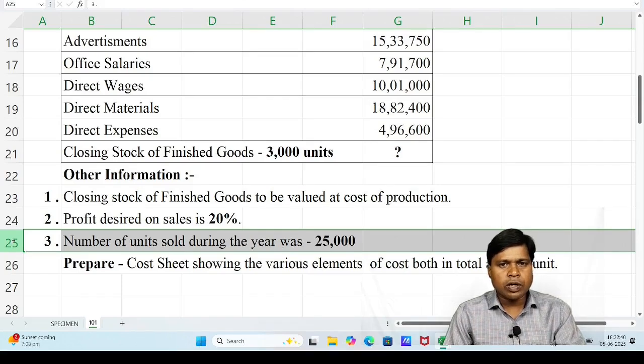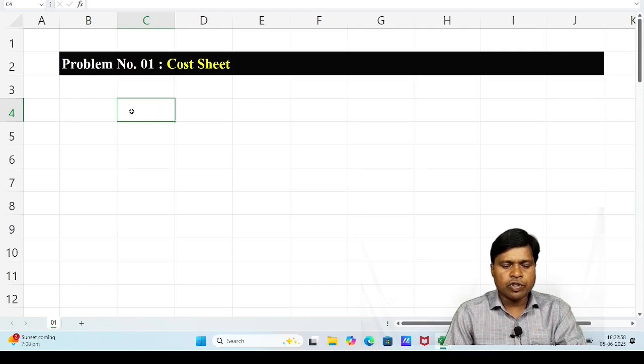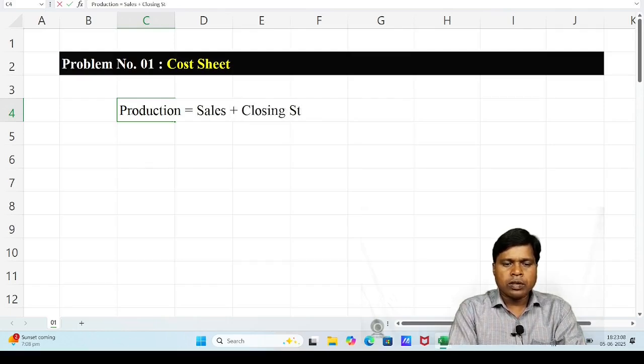So we have to calculate production, or the number of units produced during the year. We have to write one calculation. Production is equal to sales plus closing stock minus opening stock.